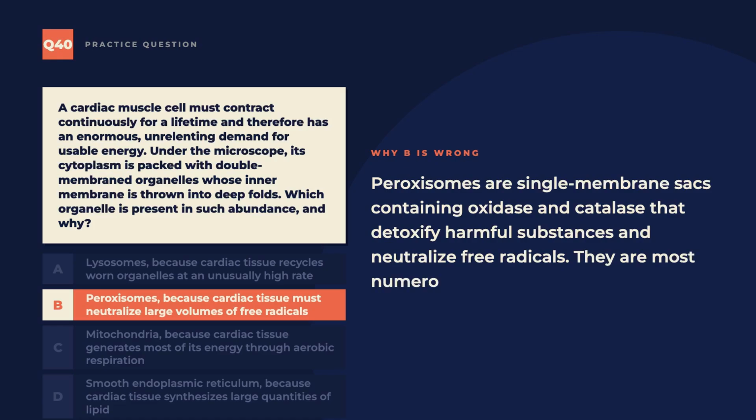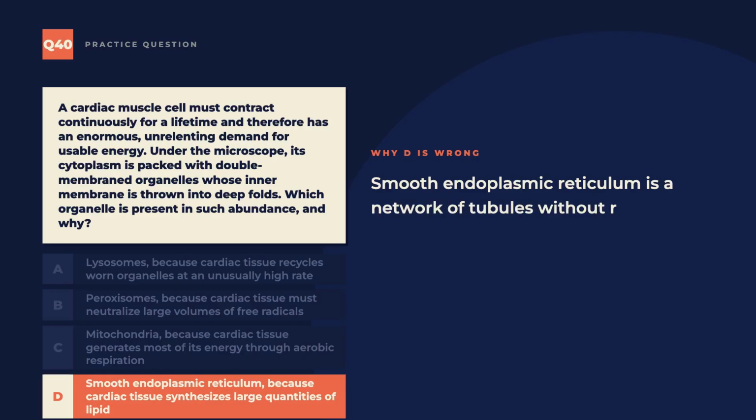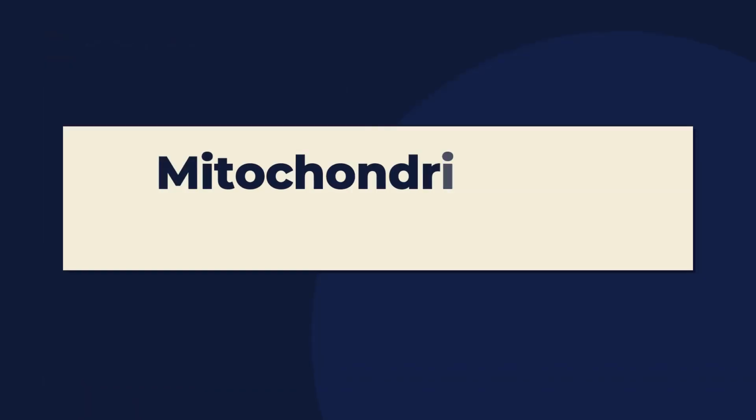They are most numerous in liver and kidney cells rather than cardiac muscle. D is wrong because smooth endoplasmic reticulum is a network of tubules without ribosomes that handles lipid synthesis, detoxification, and calcium storage. Its structure is a branching network rather than a double-membraned organelle with folded cristae.